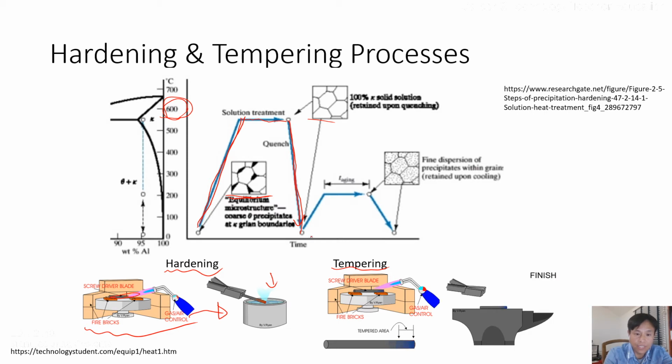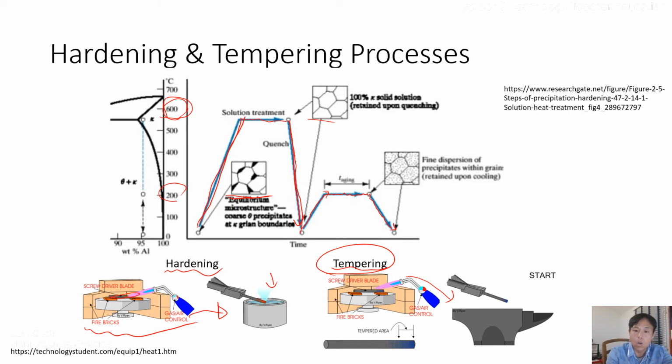But tempering is the secondary process. After this, they heat one more time. It's not very hot, almost 200 Celsius, and then it slowly cools. After heating, they put the material on top of the anvil and cool it using natural air.